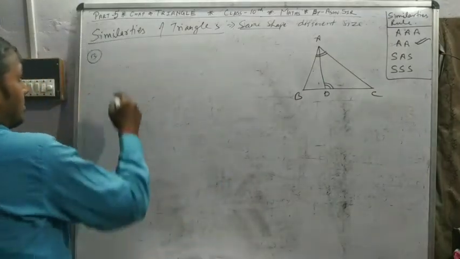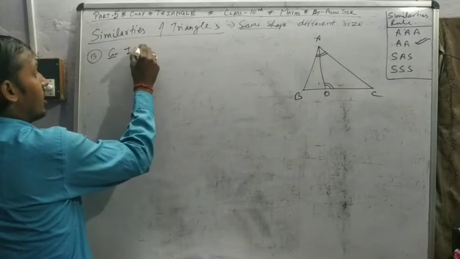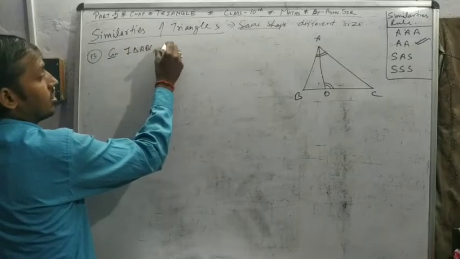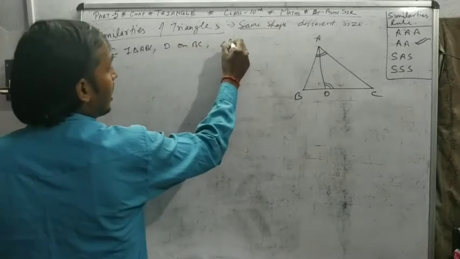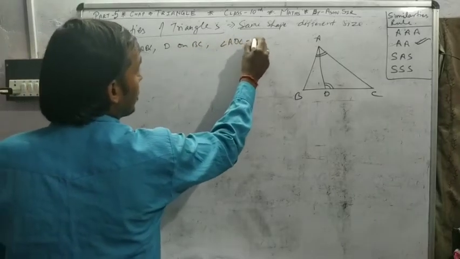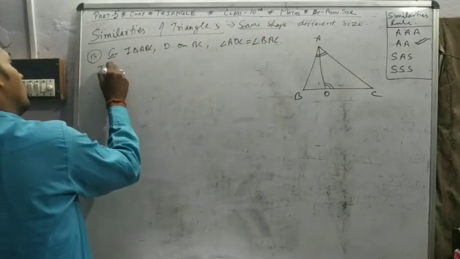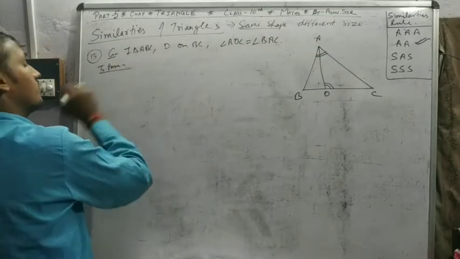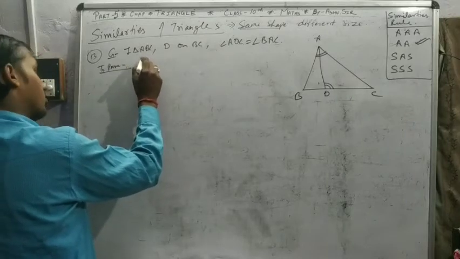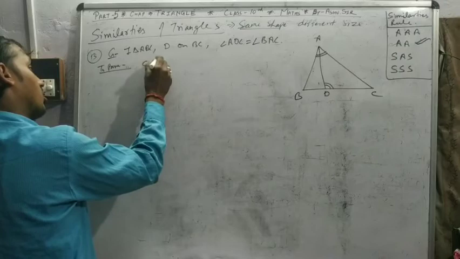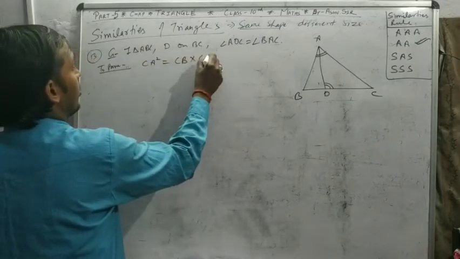Only one thing is given. So what's given? In triangle ABC, D is on BC such that angle ADC is equal to angle BAC. To prove: CA square is equal to CB into CD.